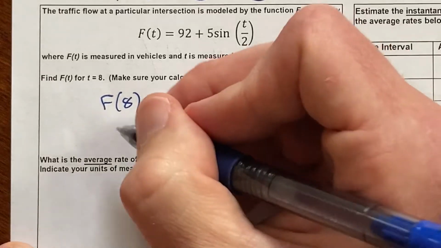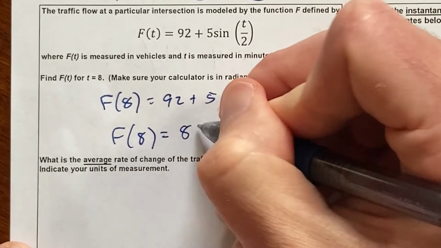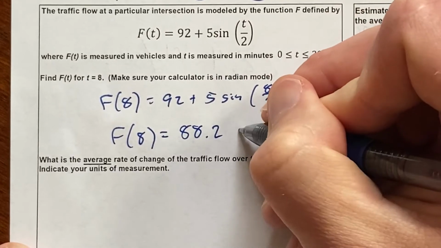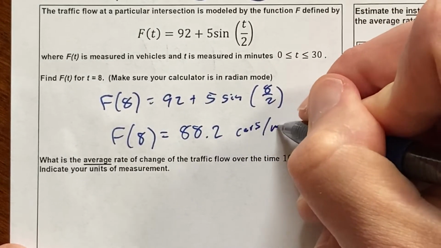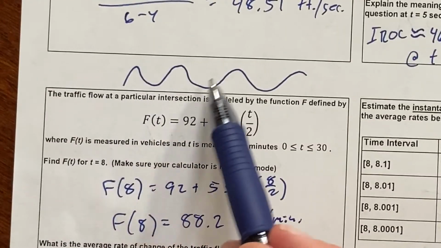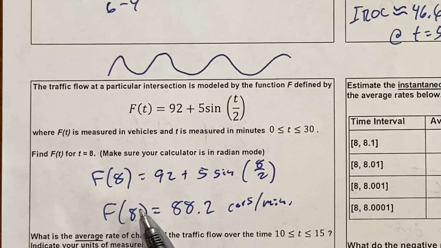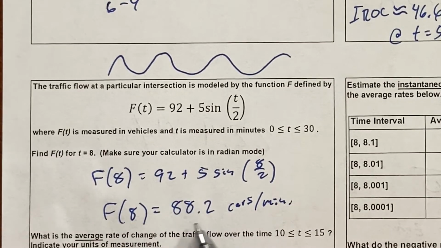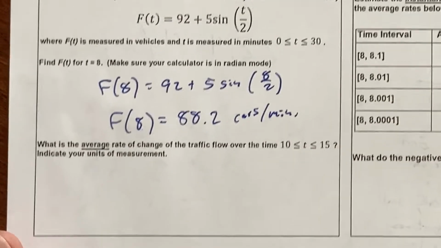Punch that in and you get f of 8 equals 88.2. What is that? Cars per minute, is that what we said? Yeah, cars per minute. So if I was looking at the graph, this squiggly line on a graph like Desmos or something, and I looked at 8 on the x-axis and I went up, then I would say, oh, it's at 88.2. Okay, that makes sense.